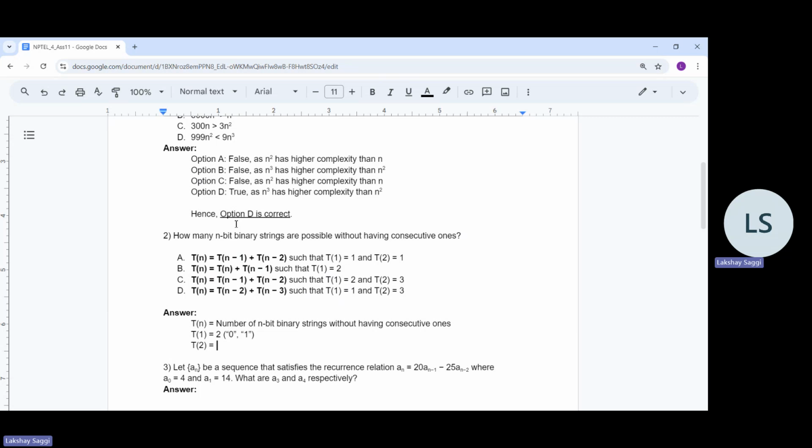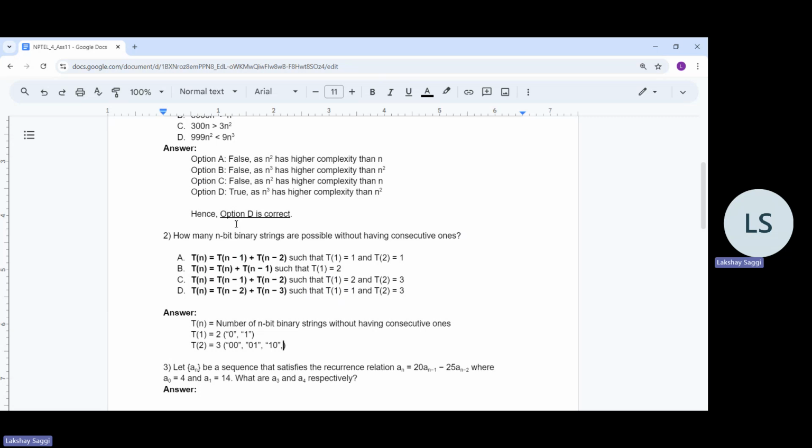Similarly, T of 2 is the number of 2-bit binary strings without consecutive ones. These are 0 0, 0 1, and 1 0. These three strings won't have consecutive ones.